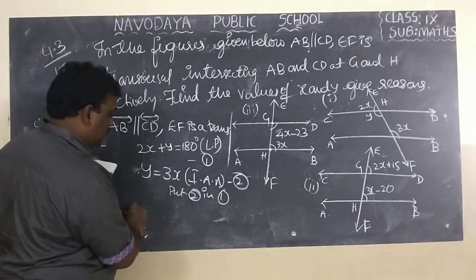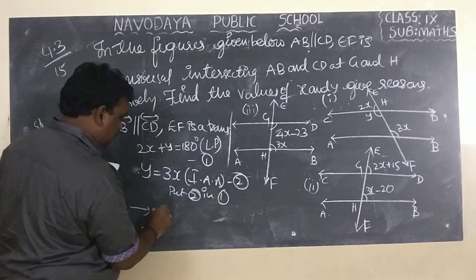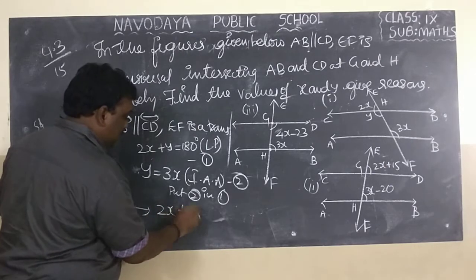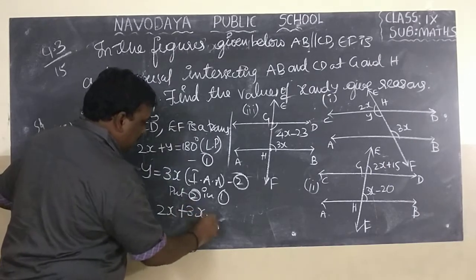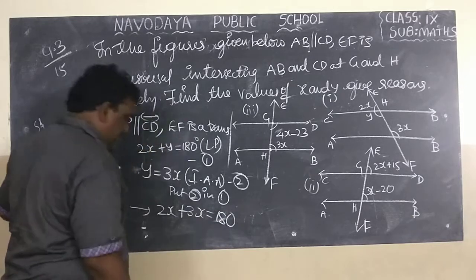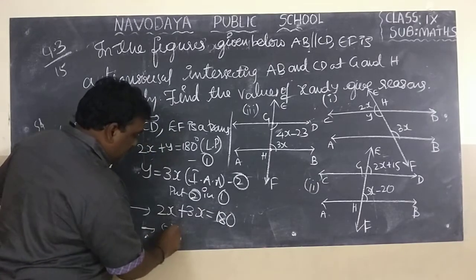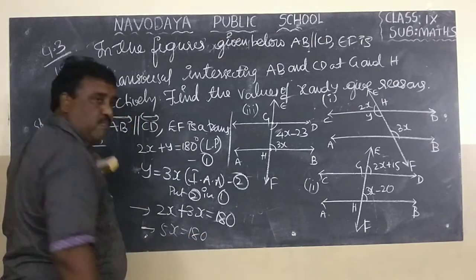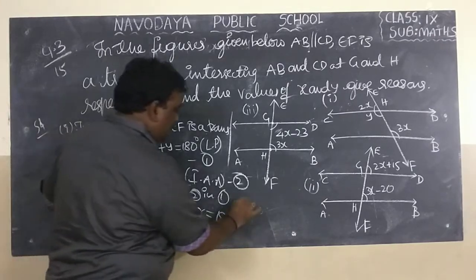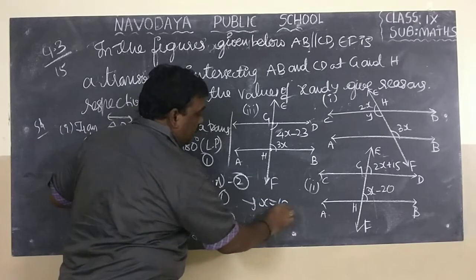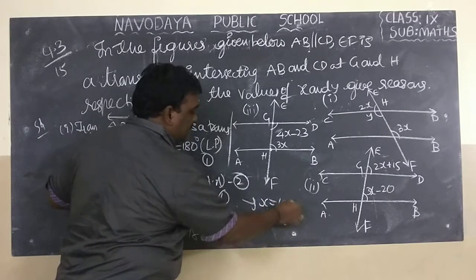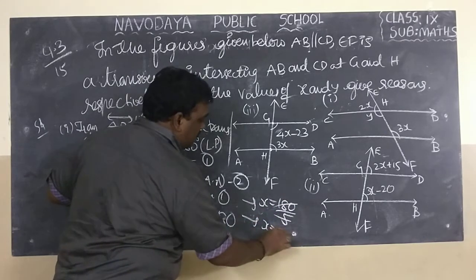Substitute equation 2 in equation 1. 2x plus y, where y is 3x, equal to 180. 2x plus 3x equal to 180. 5x equal to 180. x equal to 180 by 5. Cancellation. x equal to 36.